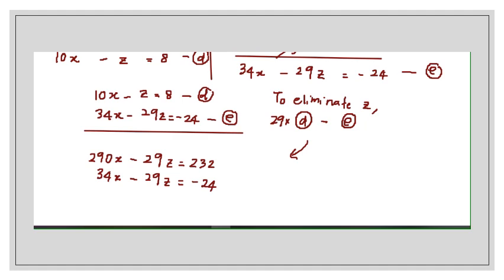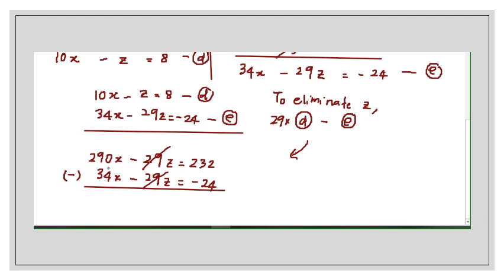And then put your straight line. And what we have to do is operation minus, so that 29z we can eliminate.